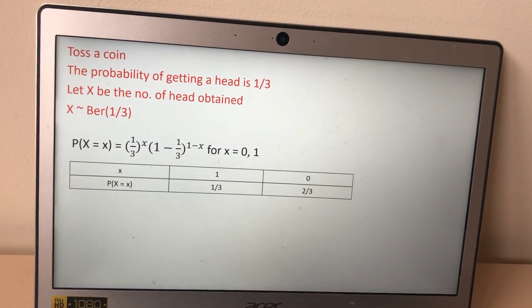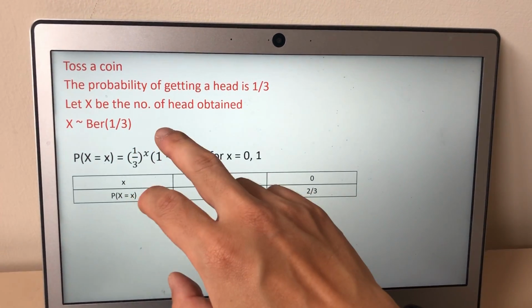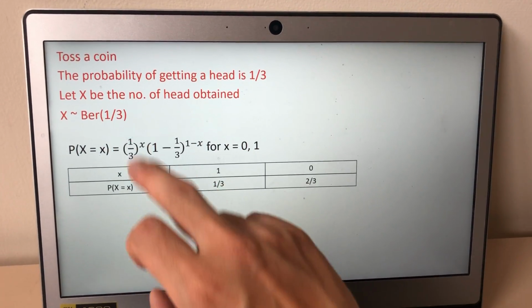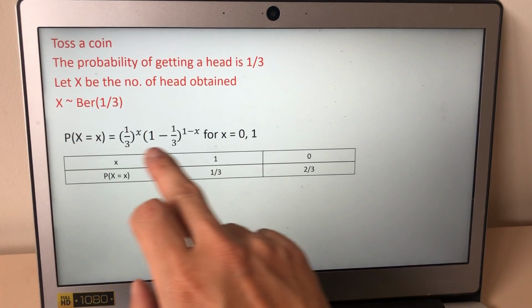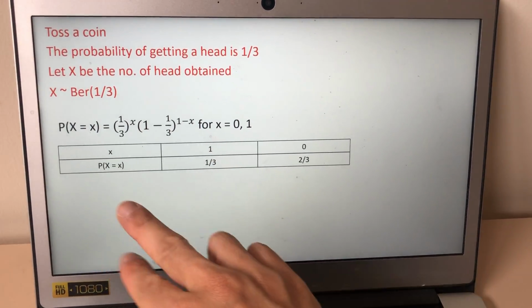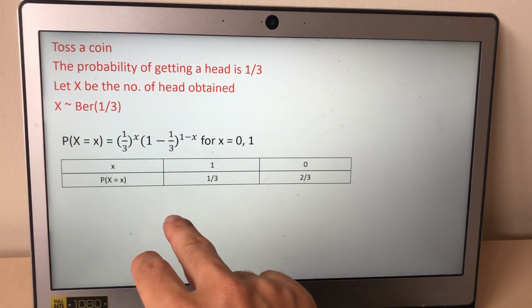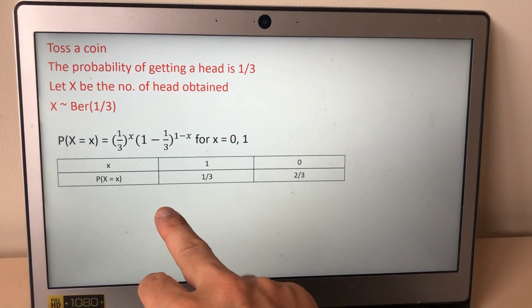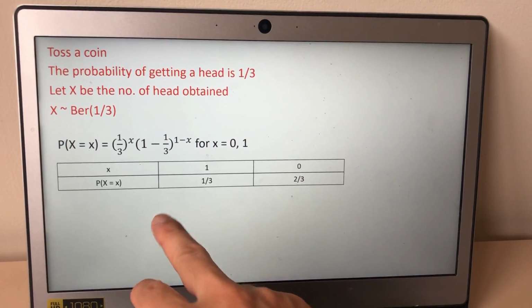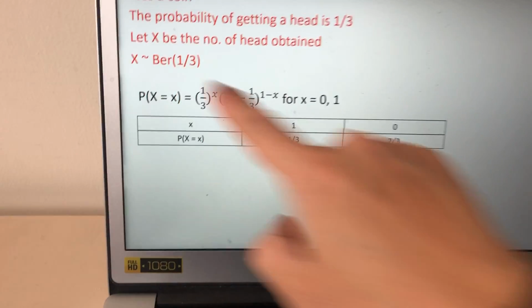Let's go back to this example. Toss a coin. The probability of success is 1/3. Write down the formula and table, and then find the mean and variance. What is the expected value of x? Yes, the expected value is just p, the probability of success, which is 1/3.